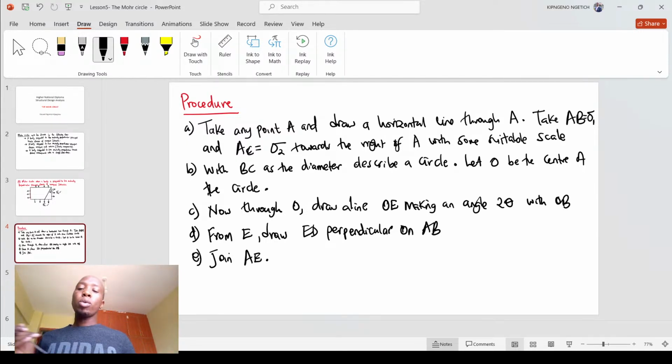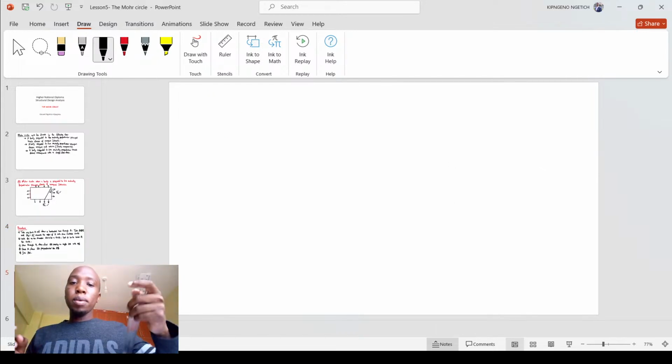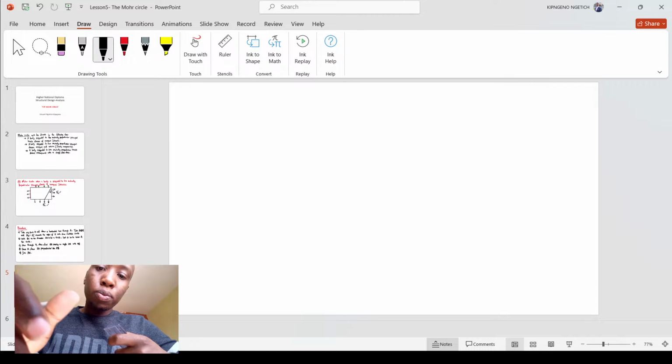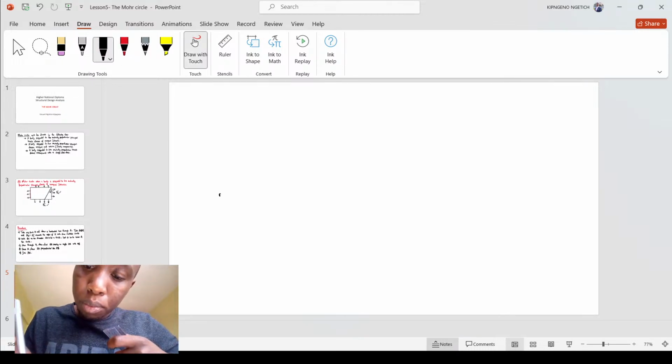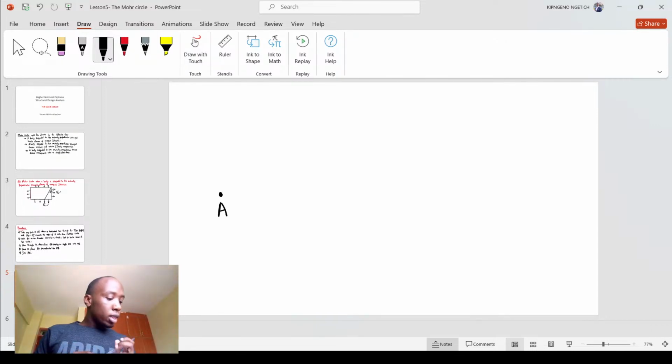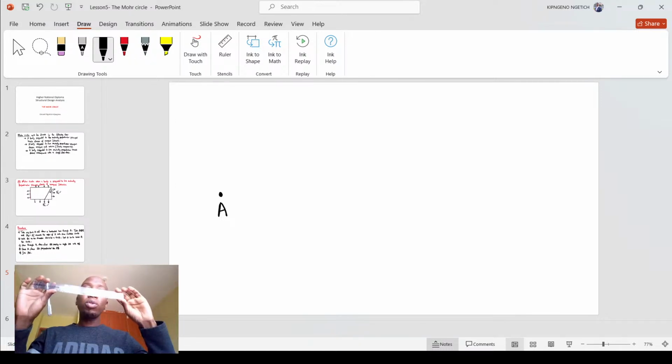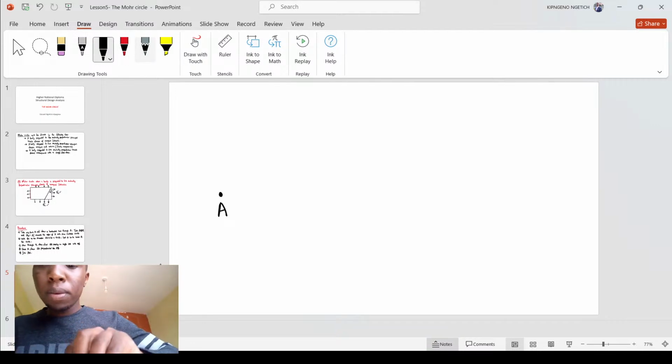Procedure number 1 is take a point A and draw a horizontal line through A. So take any point A. For me, I choose this as my point A. Then draw a horizontal line through A with your ruler.